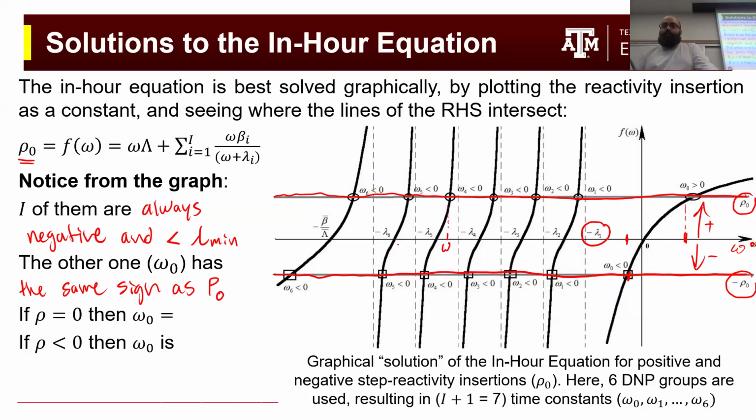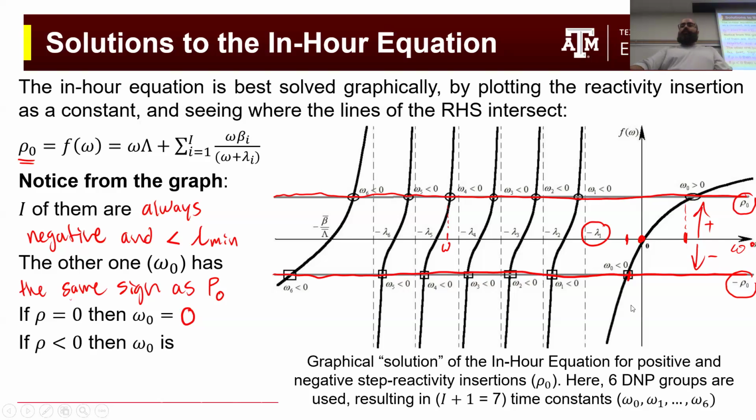And the horizontal line here corresponds to rho equals zero. And when rho equals zero, this omega zero is zero. So in that sense, it has the same sign. It's either positive or negative, or zero if the reactivity insertion is zero. So if rho equals zero, then omega zero is zero.